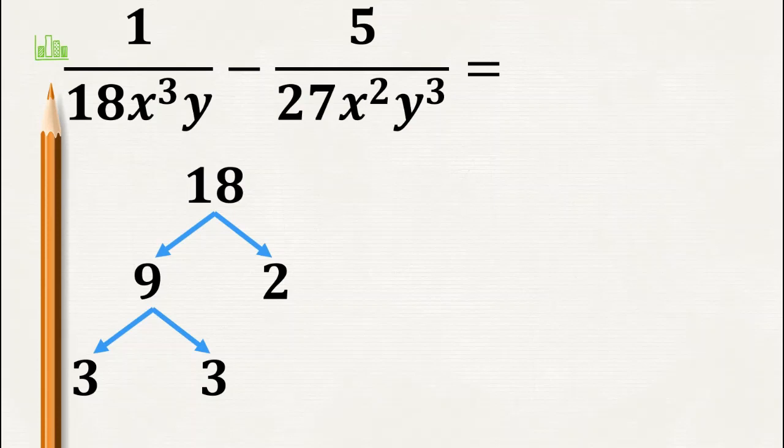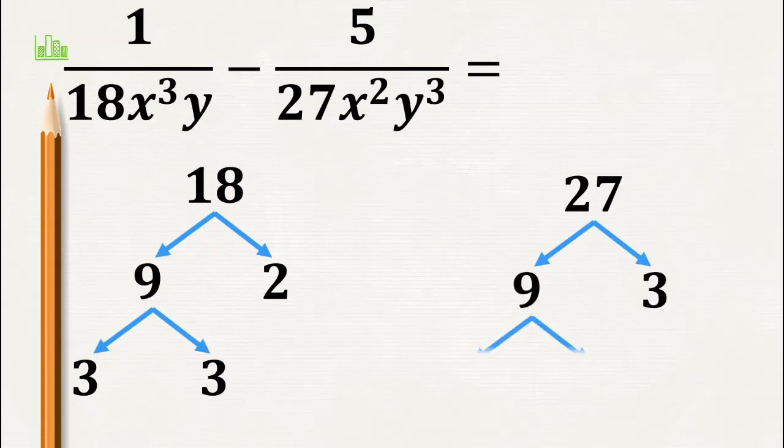Next is 27. Prime factors. Let us have 9 and 3. 9 is still not prime, so the prime factors of 9 are 3 and 3. 3 times 3 times 3 are the prime factors of 27. List them down.